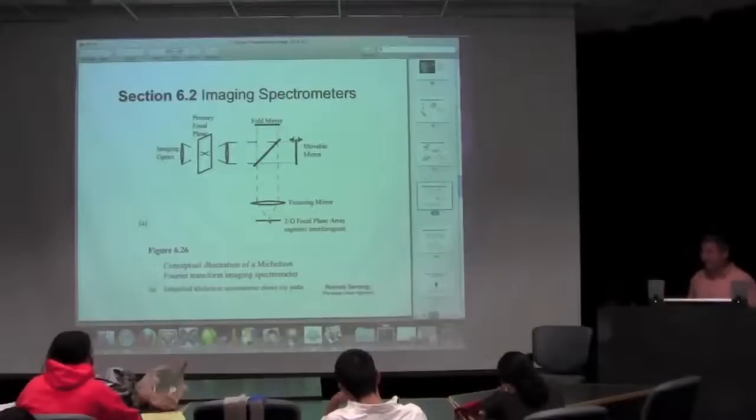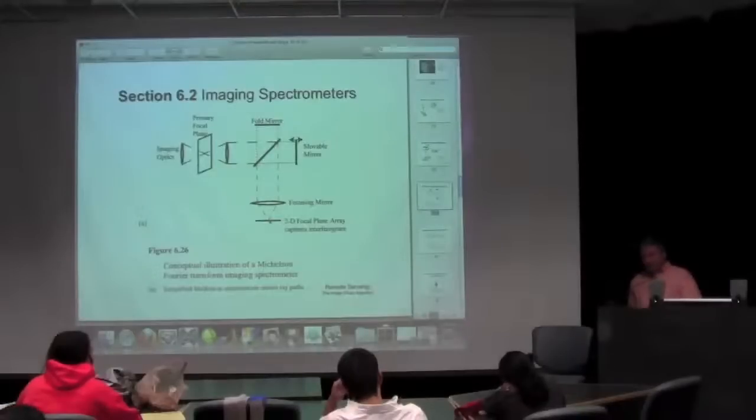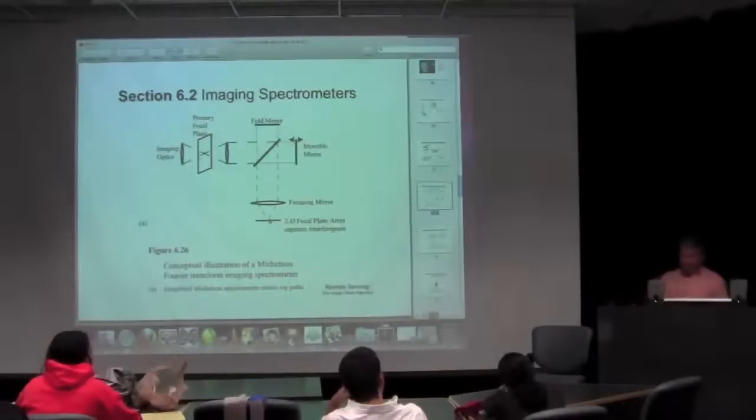Why is that a problem? It'll get bad over time. What's that? There are two problems, right? So it'll get bad over time at moving the mirror perfectly. Now let's say we hired the best mechanical engineers. You have to wait some time to make the scan.